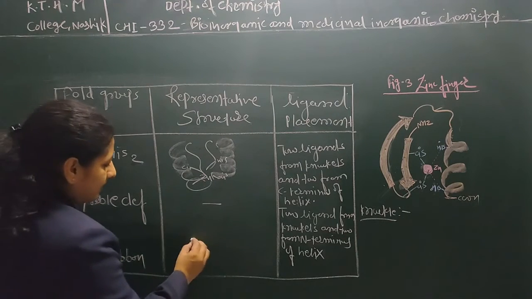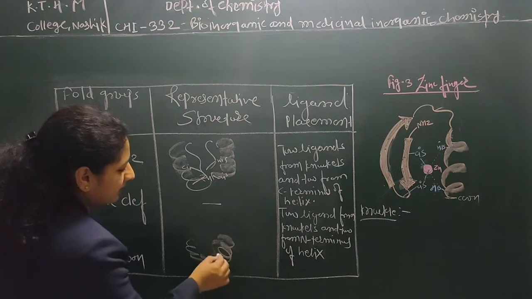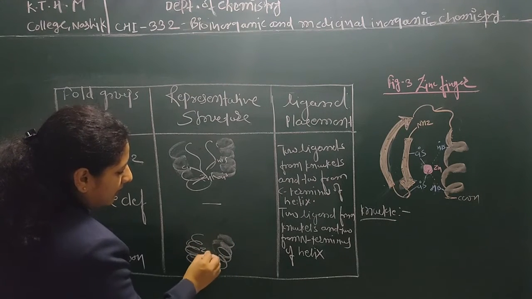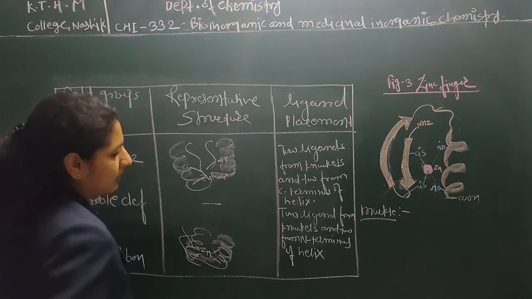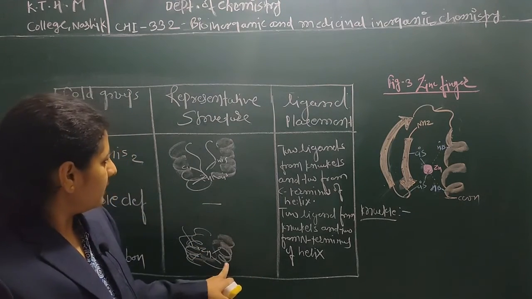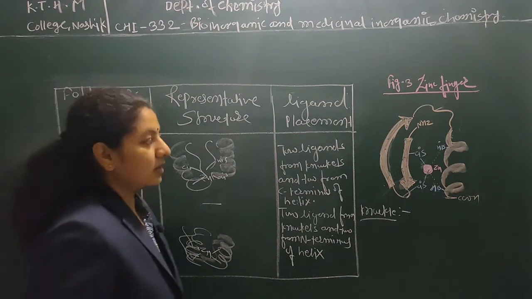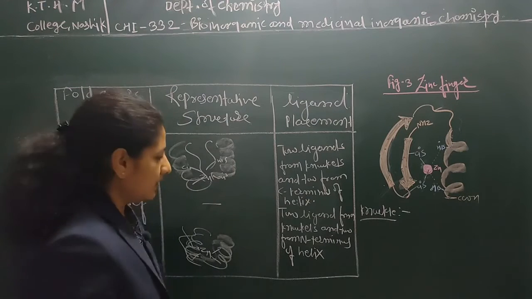Zinc ribbon also has a similar structure like that. It is a 3D structure. In that, two or more zinc ions are actually present. So this is a representative structure of zinc ribbon. Now what about the ligand placement?